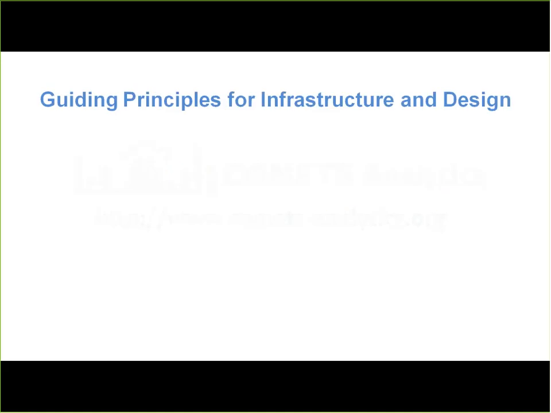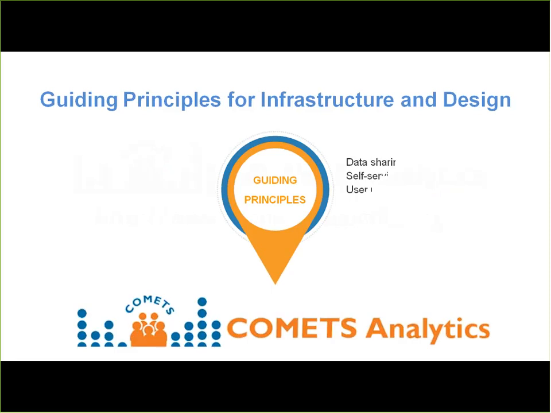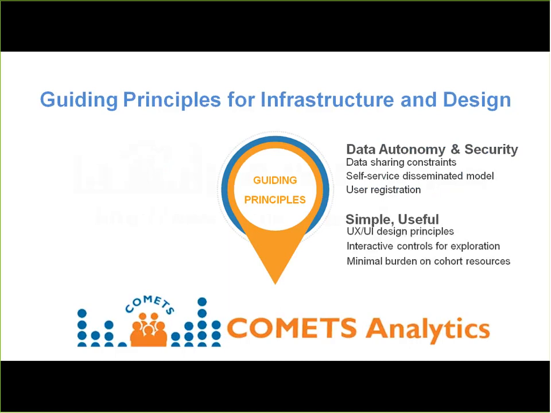So here are the guiding principles for the infrastructure and design for COMETS Analytics. In data autonomy, the most important thing is the data stays within the cohort, but we have centralized code to conduct the analysis, and we have user registration for the security and monitoring of activities. We wanted COMETS Analytics to be simple, useful, and efficient.